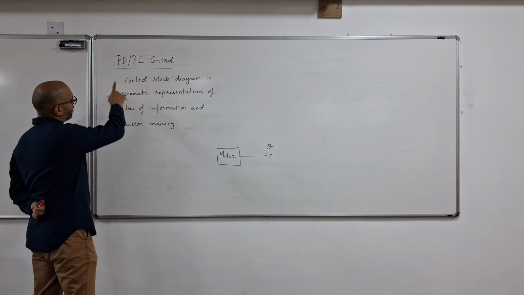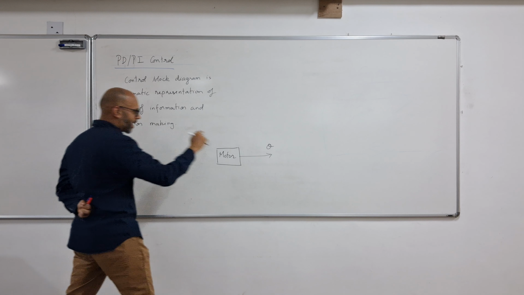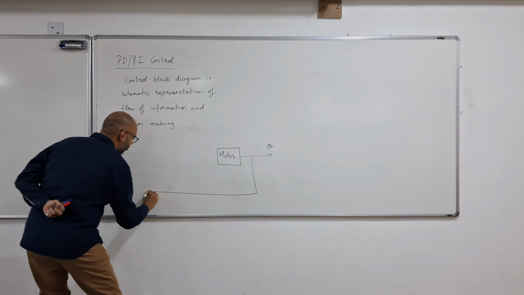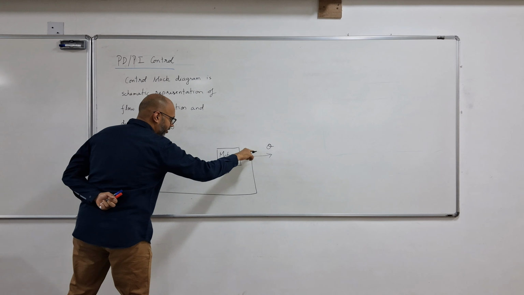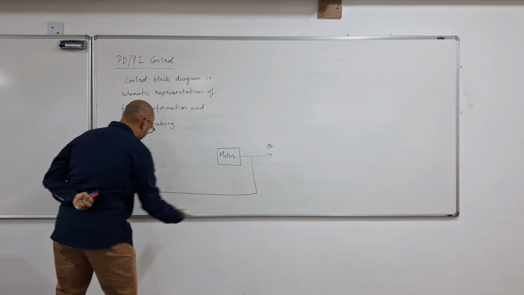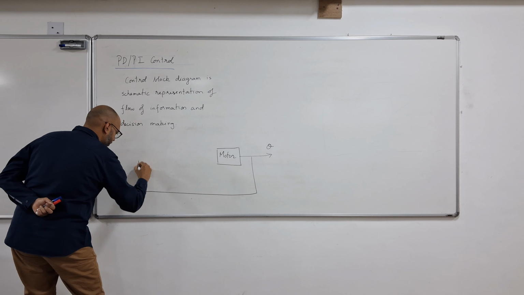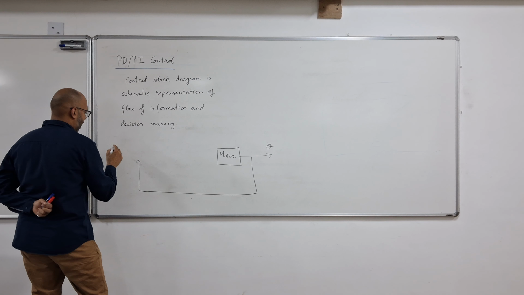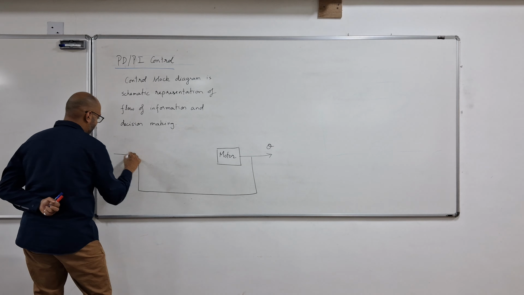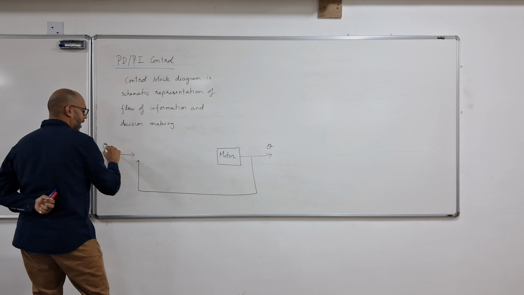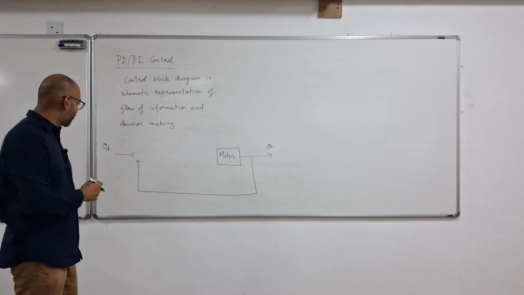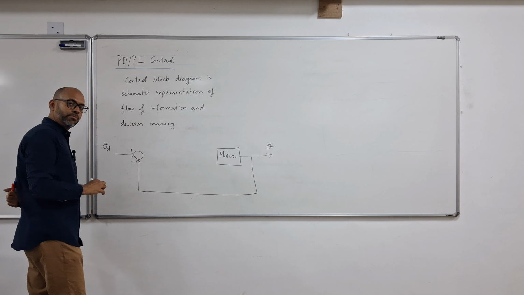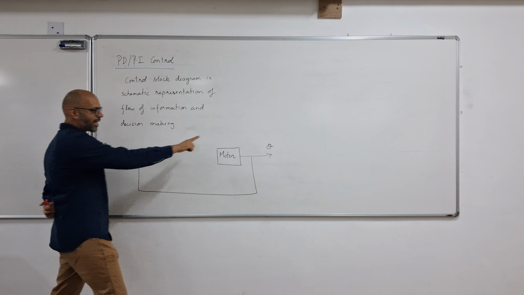And what these controllers are doing is sensing this angle, and I'm going to draw this flow of information of whatever angle is sensed. It goes back to the controller, and let's say there is a desired angle that you wanted to achieve in the first place, and here what is happening is there is a comparison between what was desired and what is actually happening.